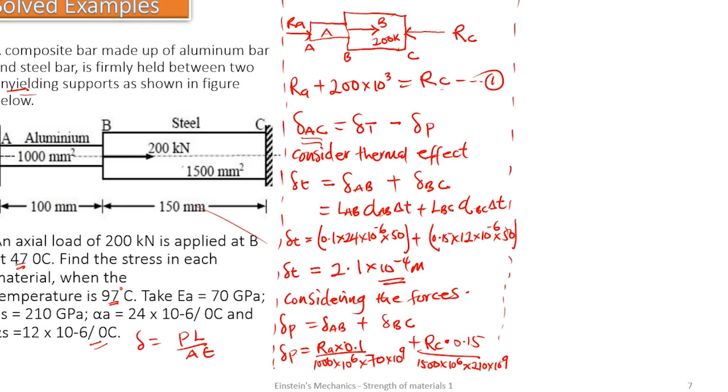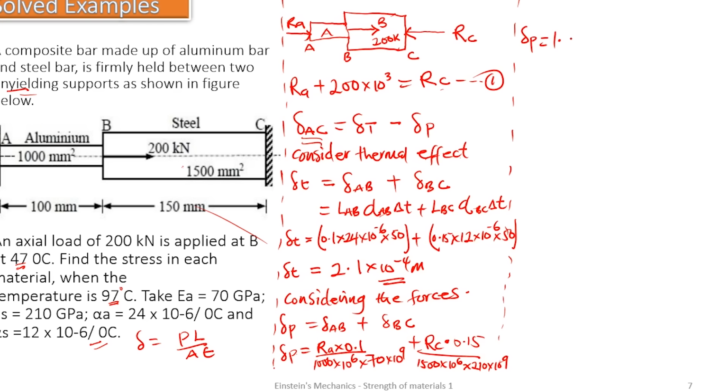Okay, so can we say that the final answer for the change due to the forces P is going to give me, I'm leaving my answer in terms of the reactions RA and RC.